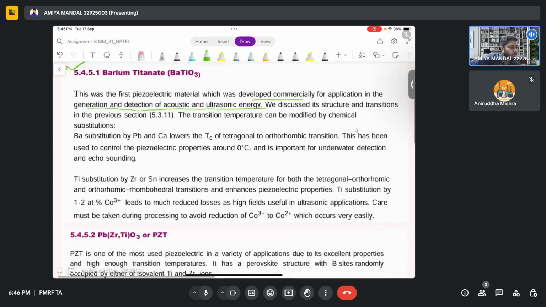In the case of titanium substitution, BZT or BZST increases the transition temperature for the tetragonal to orthorhombic or orthorhombic to rhombohedral transition and enhances piezoelectric property. So in this case, piezoelectric properties are also seen.